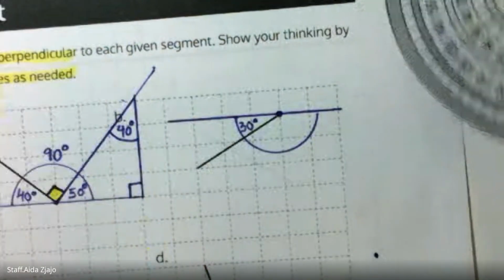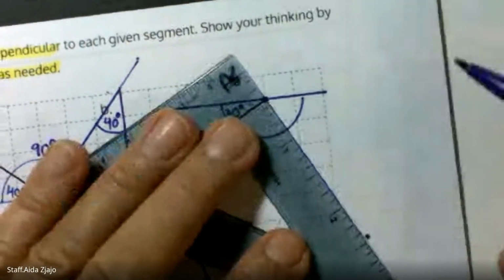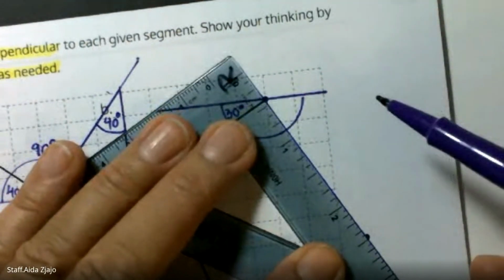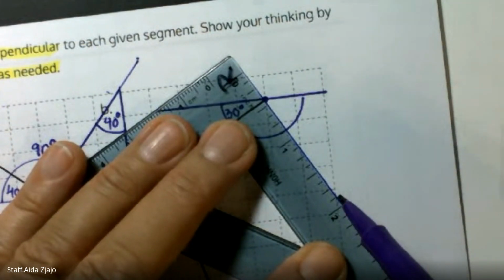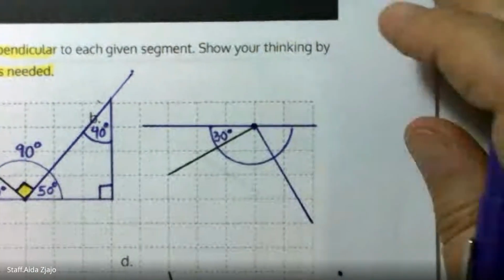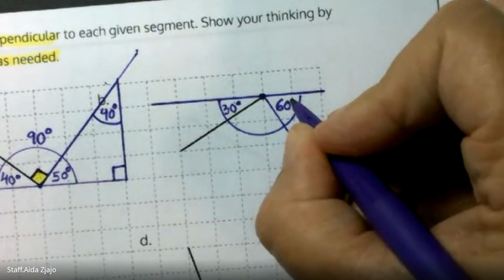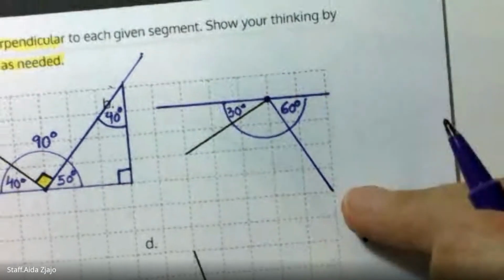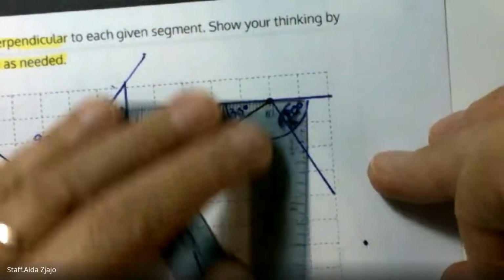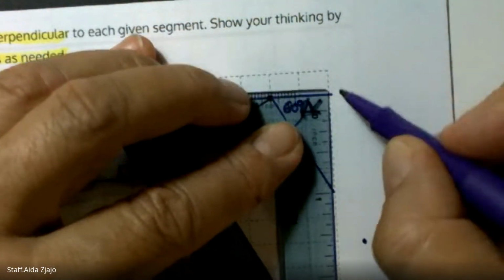So right now I'm taking any straight edge and connecting. So I'm going to go, and this is a 60 degree angle. So right now I can see where this comes, and also I can prove it by creating this right triangle.